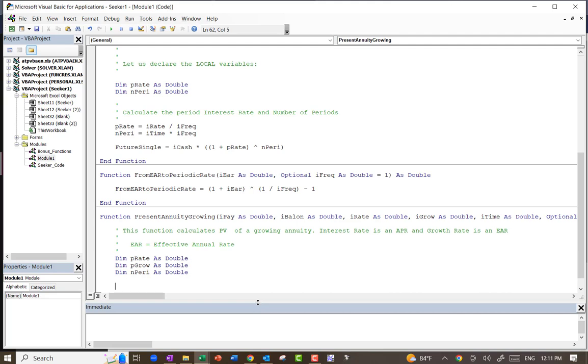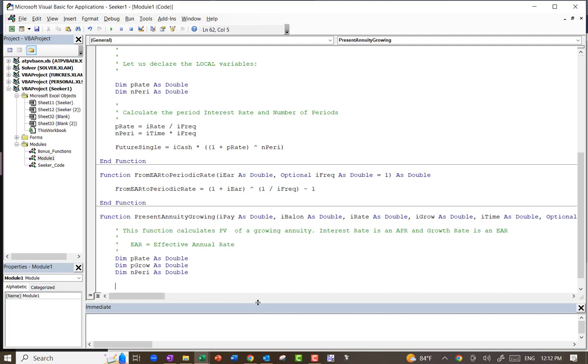So like before, pRate is iRate divided by iFreq. Number of periods is iTime times iFreq. And pGrow, now I'm going to use my little function. Okay.